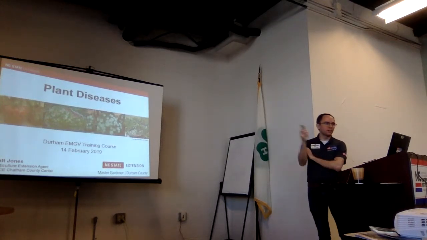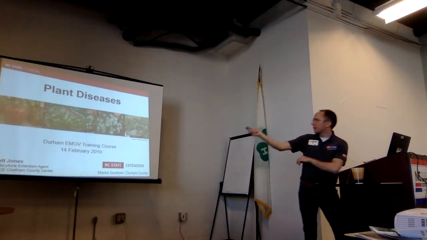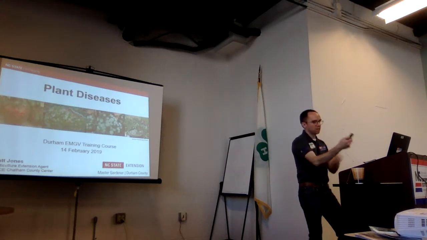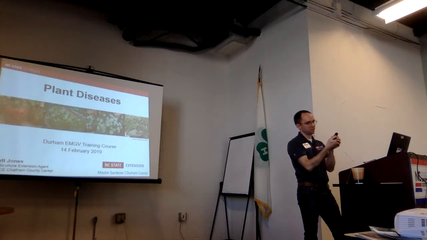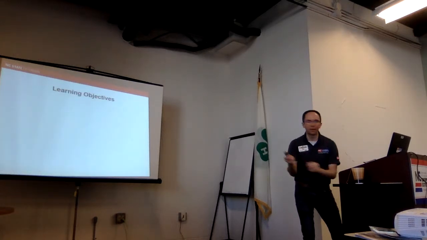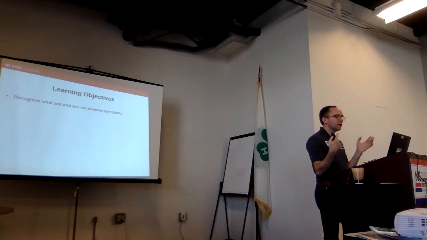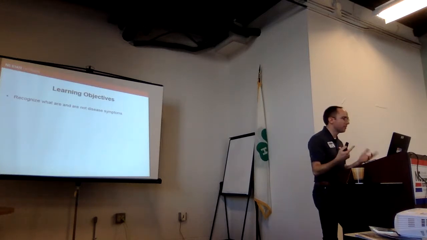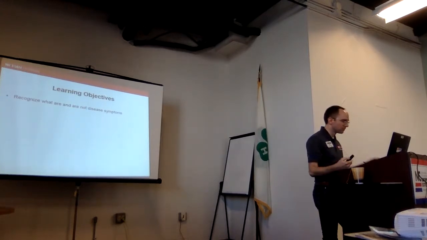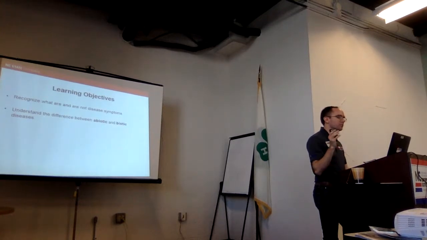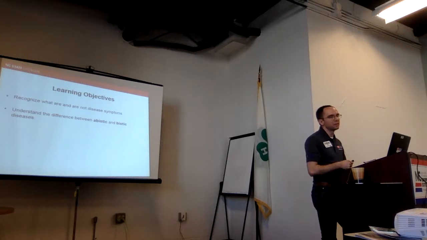So for the disease lecture, several objectives. Oh, it stopped clicking. Oh wait, there's an on switch. Okay. So we're going to be able to distinguish between what are disease symptoms and what are not. You might be surprised at what is normal. And then distinguish between an abiotic disease and a biotic disease. A biotic disease is caused by a pathogen of some sort, and abiotic disease is some physiological, environmental, cultural induced issue.